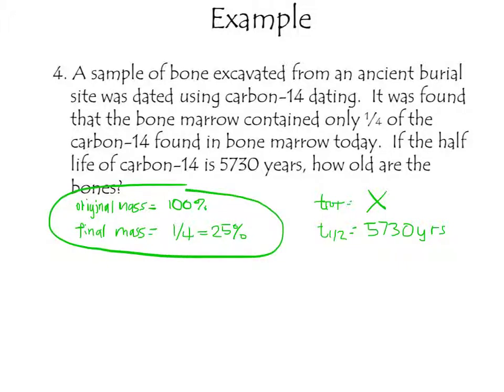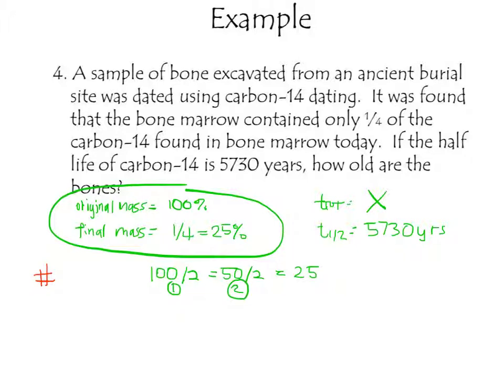And in order for us to determine the number of half-lives, we need to divide 100 by 2 and count how many times we divide 100 by 2 until we get to 25. So 100 divided by 2 equals 50, and divide that by 2 again, which is 25. And so we went through 1, 2 half-lives.